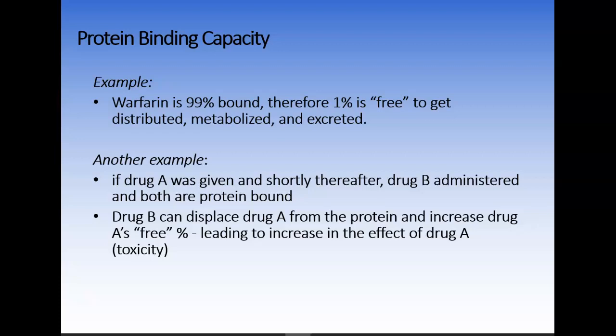So essentially what happens is, you give a drug like warfarin and it's bound to a protein, right? And then you give a different drug after that. Sometimes it can sort of take over, and because of that, it increases A's free percentage. That A can actually be potentiated, right?